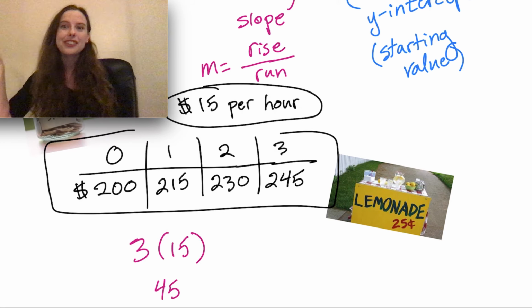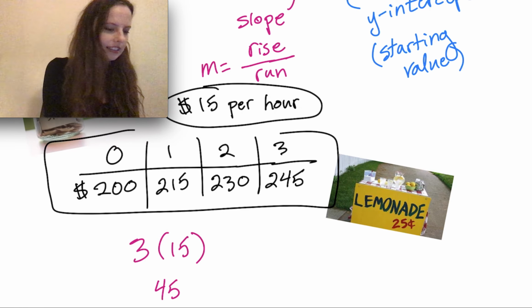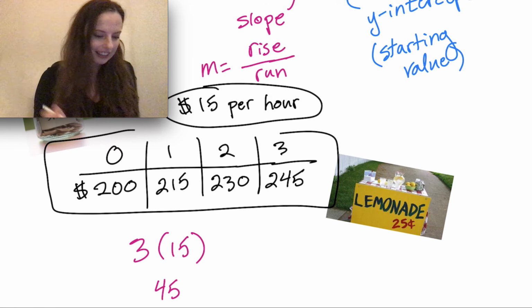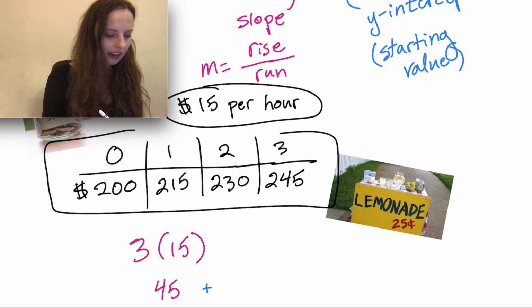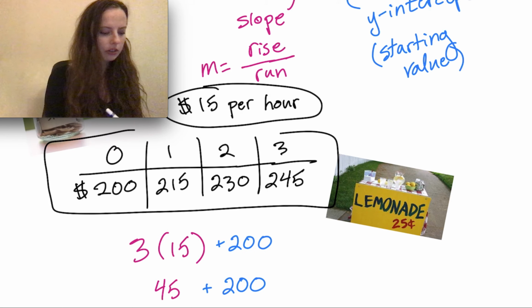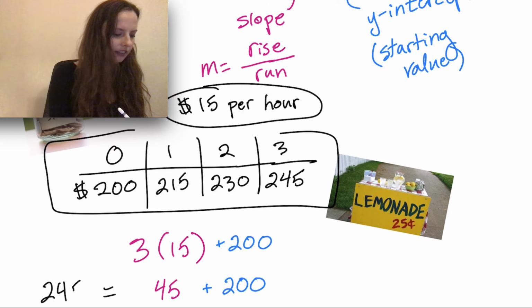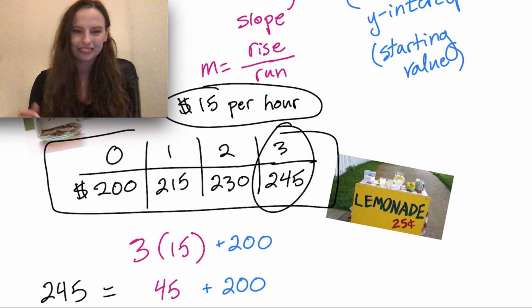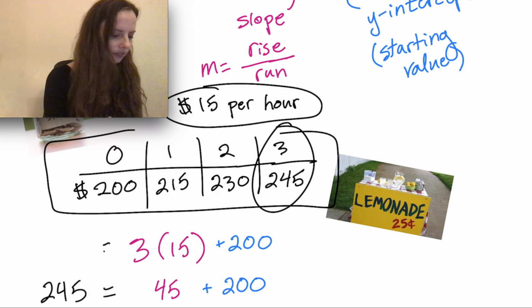But then I also have that $200 that I saved up, so I gotta add that in as well. So 45 plus 200 is going to give me that total amount of $245. So we're looking at this part of the table.